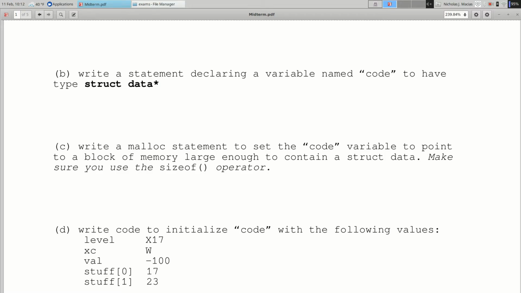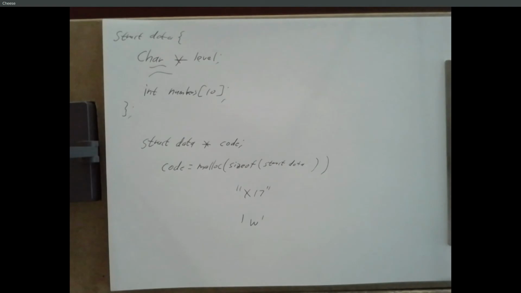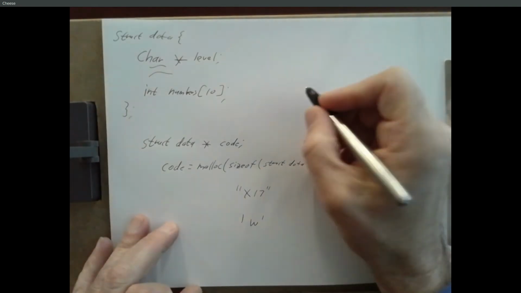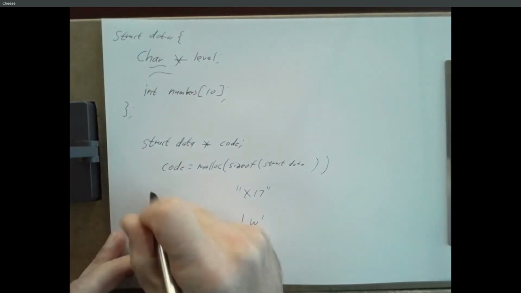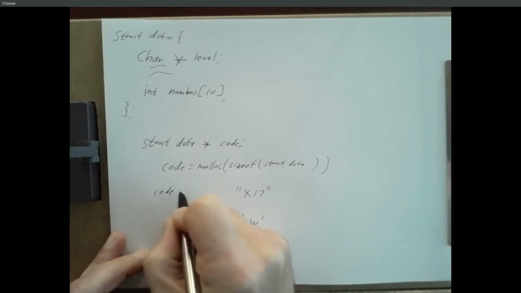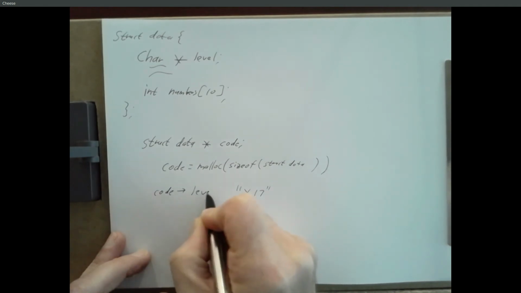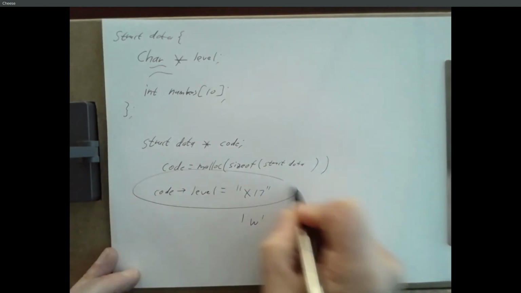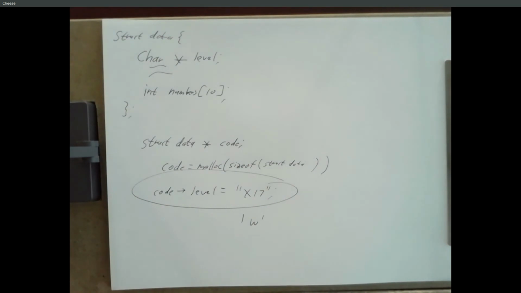And you're safe saying something like code arrow level equals this thing, because the compiler, when it sees double quote x17, does two things.